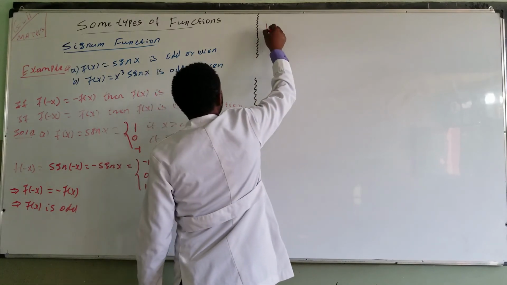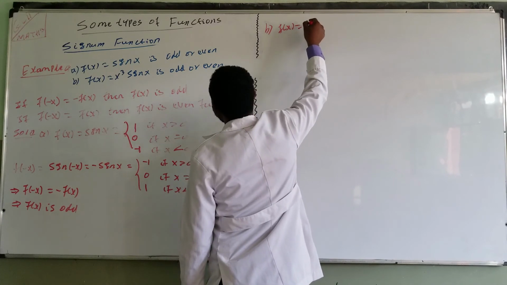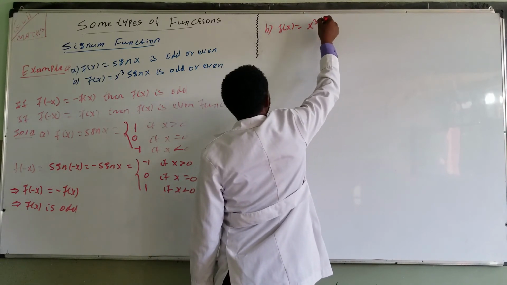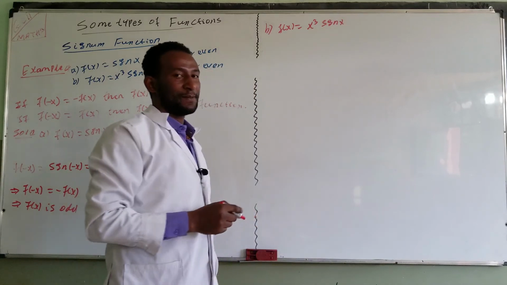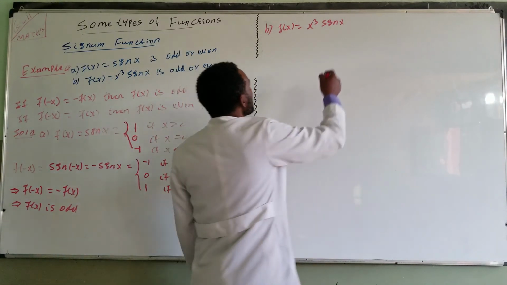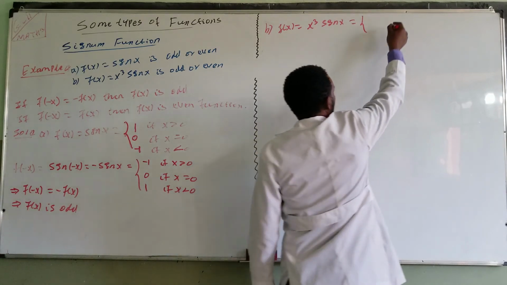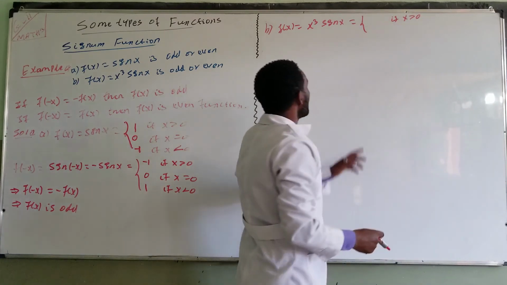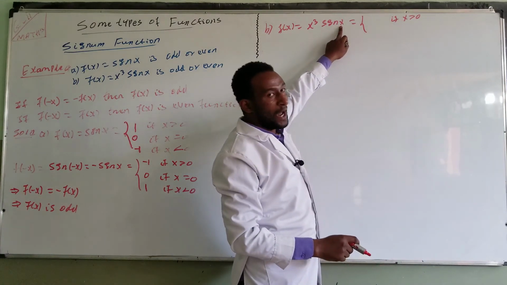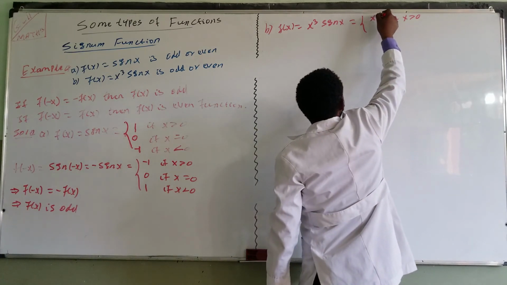Then this implies that f of x is odd. B says that f of x is equal to x cube signum x, which is equal to: if x is greater than 0, signum of x is 1 times x cube, equal to x cube.